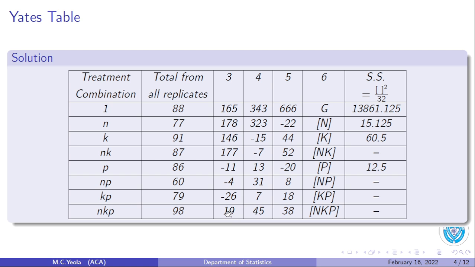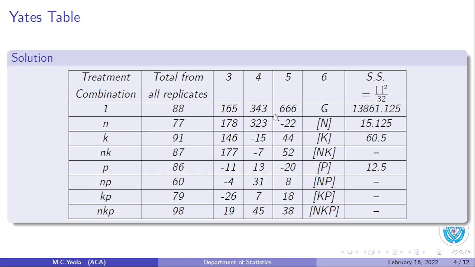What we have to remember here is to subtract the first value from the second value, third from the fourth, fifth from the sixth, and seventh from the eighth, and we'll get these values here. The same procedure we repeat for column 4 and column 5.